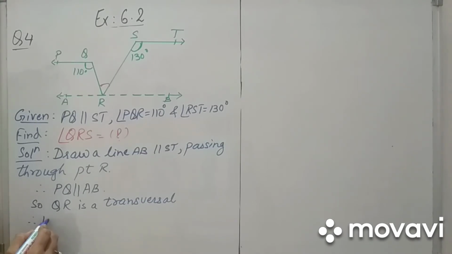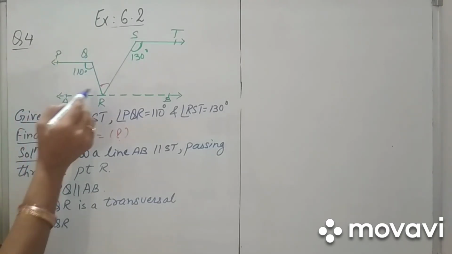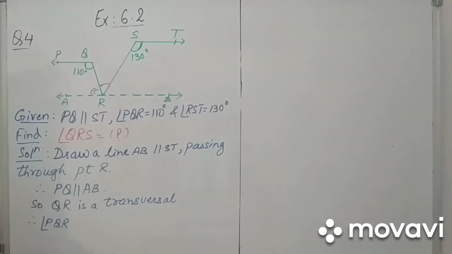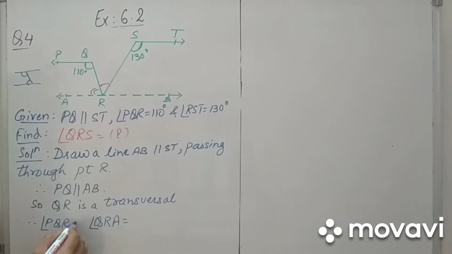Therefore, angle PQR and angle QRA. I am talking about this angle. What can you say about these two angles? What relation is there between them? They are which type of angles? If I draw it like this, they are interior angles. Interior angles are supplementary. So the sum of interior angles is 180 degrees.